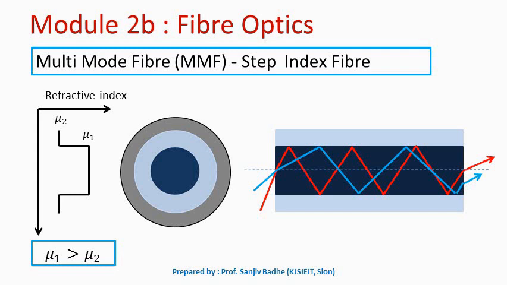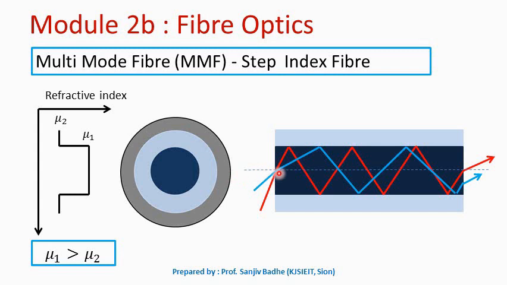But you can clearly see that the two light rays are traveling different distances inside the optical fiber, and as the refractive index of the core is constant, the velocity of these two light rays will be the same inside the core, and as different distances are traveled, they will take different times to arrive at the other end. Here the light ray shown in red color is traveling a longer path, and that's why it will take a longer time to arrive at the other end.